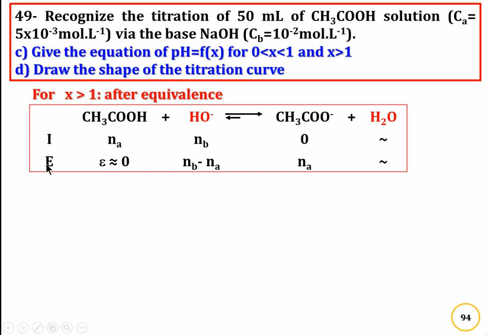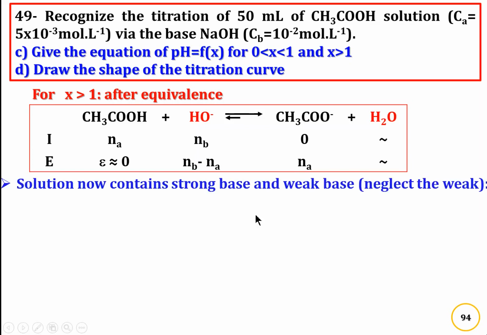At equilibrium, at infinity, we have epsilon of acetic acid, which is practically 0, and OH minus is equal to Nb initial minus Nb reacted, so Nb minus Na, and we have formation of Na of acetate.